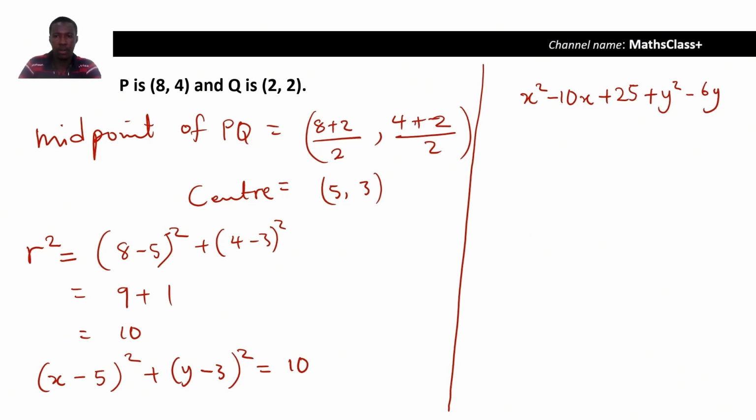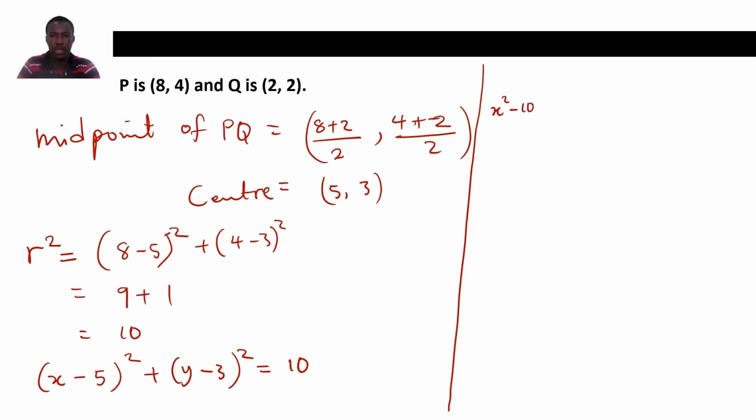Okay, let me rewrite it and then make efficient use of the space. So I have x squared minus 10x plus 25. Then I'm adding it to y squared minus 6y plus 9 is equal to 10.